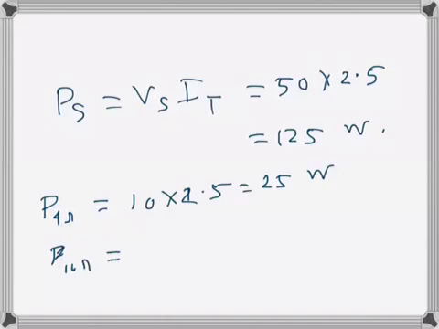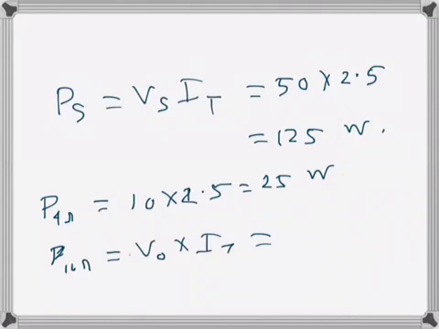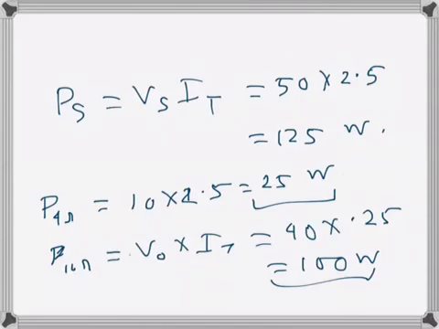So basically this will be V naught times IT, because same total current, we are using this circuit now, which is the equivalent combination. V naught is 40, and IT is 2.5 again, so that is 100 watt. So this is 100 watt plus 25 watt equals power supplied, which is 125 watt.